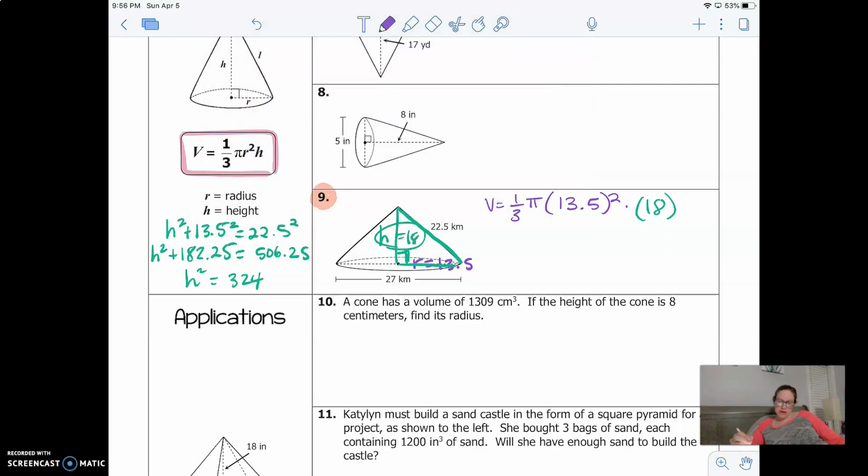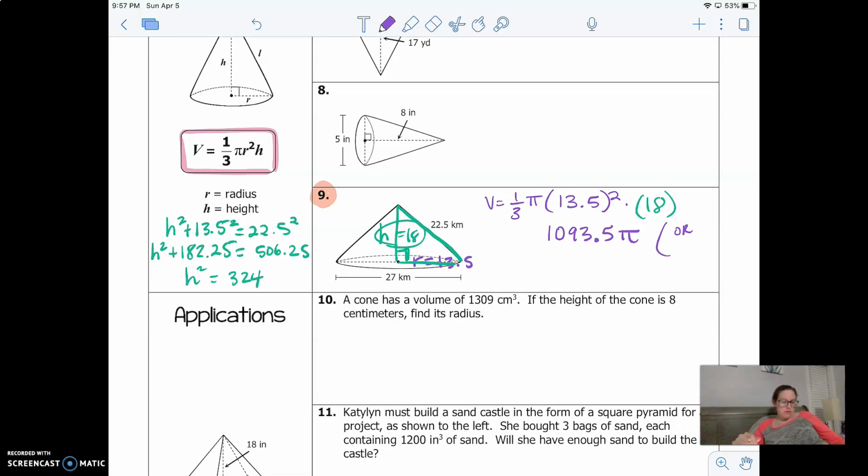First, let's leave it in terms of pi. So 13.5 squared times 18 divided by 3. Do not forget to divide by 3. So 1093.5 pi. Okay, we'll leave it as that.